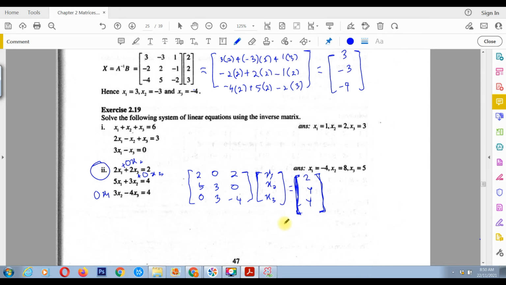After we get there, you need to find the inverse. How to find the inverse?